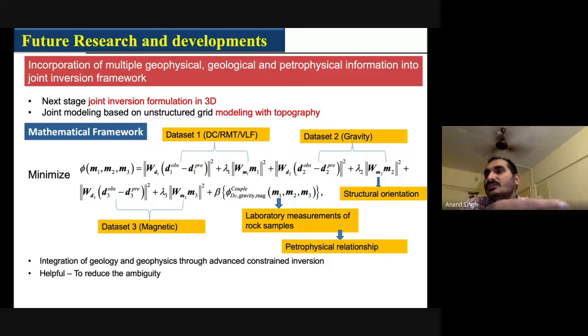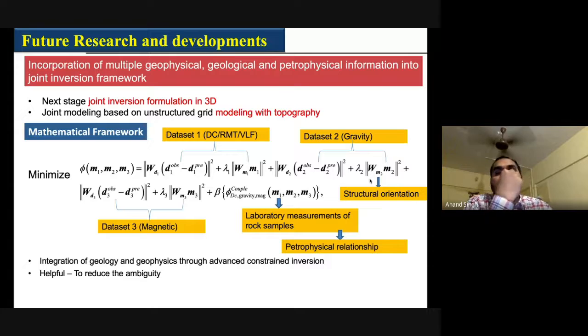Still, the result which I have shown here is along one particular profile, not in 2D. Yes, the gravity and magnetic data results were in 3 dimensions, but those were from gravity and magnetic only. So what if we have another data set? With three or more data sets, how can we incorporate them, and is there any way?